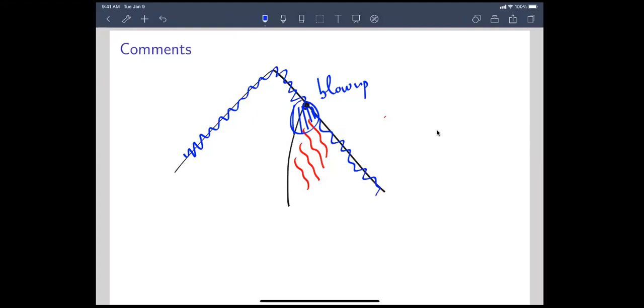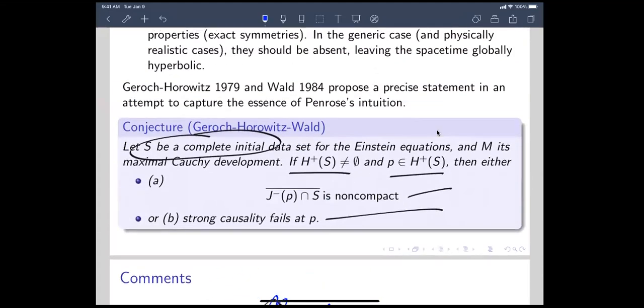Okay. Cool. So Geroch and Horowitz put forward this kind of idea that basically, if there is a Cauchy horizon, then either this guy is non-compact, meaning you could have signals from infinity reaching a point of the Cauchy horizon, or there's a kind of failure of strong causality.